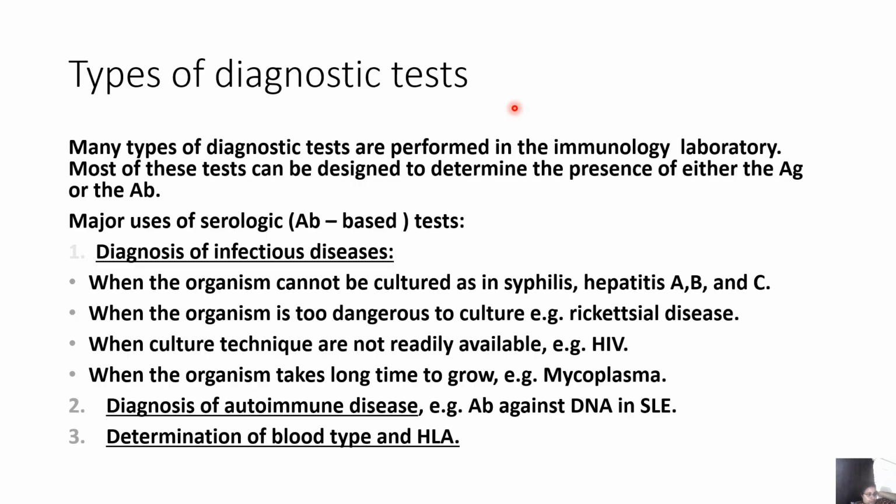So, the major uses of serological tests are in the diagnosis of infectious diseases, like when the organism cannot be cultured, as in syphilis and hepatitis A, B, and C; when the organism is too dangerous to culture, like rickettsial disease; when culture techniques are not readily available, that is HIV; when the organism takes a long time to grow, like mycoplasma; and in the diagnosis of autoimmune disease, like antibody against DNA in SLE, and determination of blood type and HLA.